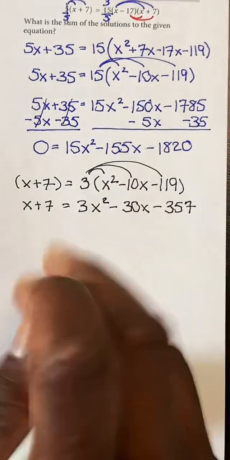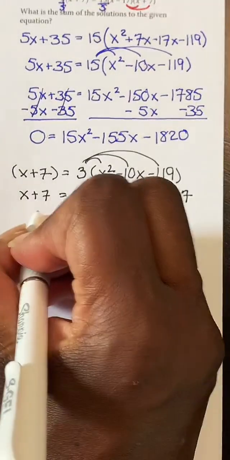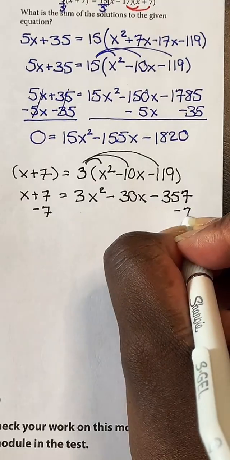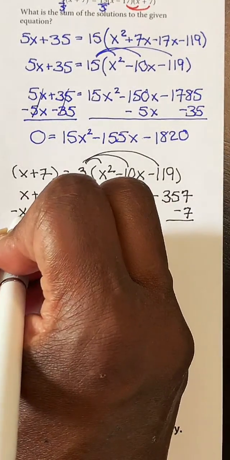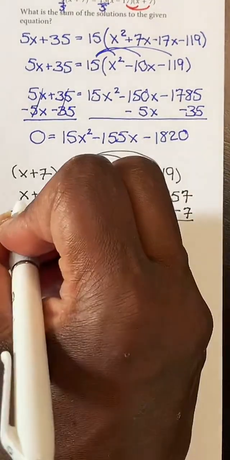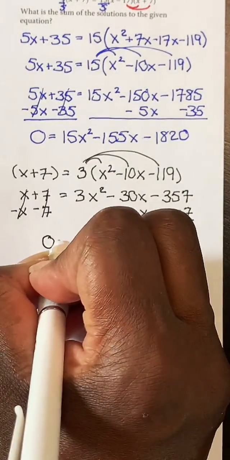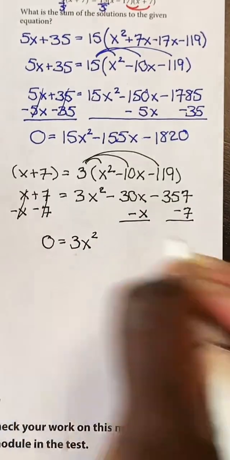Okay, so now, again, my highest degree is to the second. So I'm going to subtract my 7 on both sides with the constant. And I'm going to subtract my x. So that gives me 0 equals 3x squared.